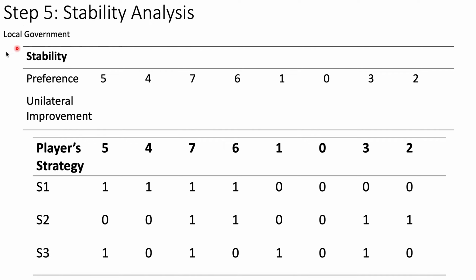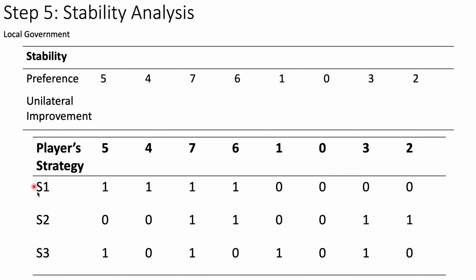We make this table on the upper side, and the lower side is just a copy of what we did in step 4. On the preference, you just copy the ranking that you made on step 4. So this row, you copy to the preference. And to fill out the unilateral improvement, you have to see it from the local government's perspective.